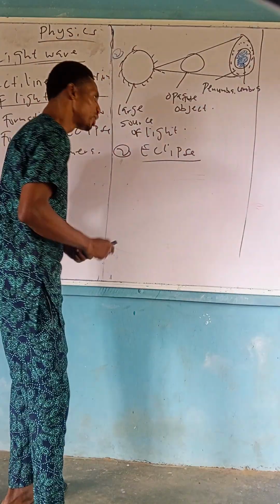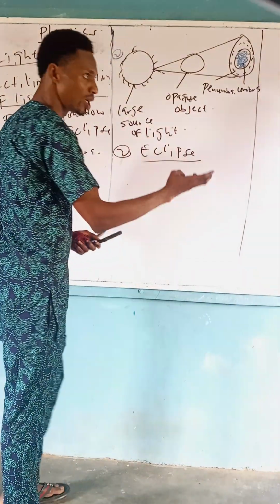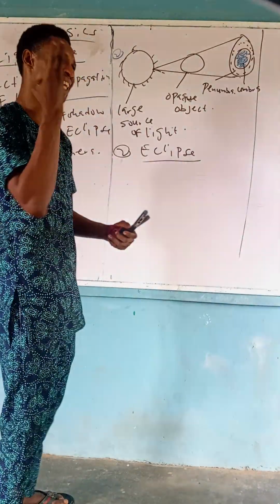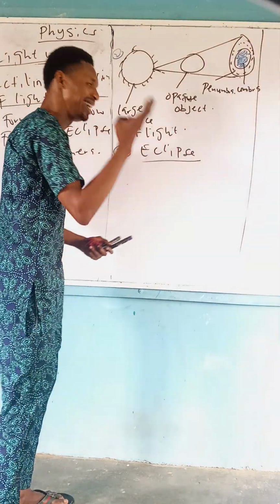Eclipse occurs when the sun, the moon, and the earth lie in a straight line.